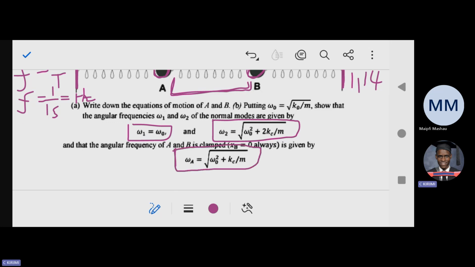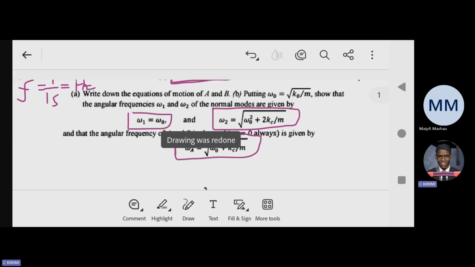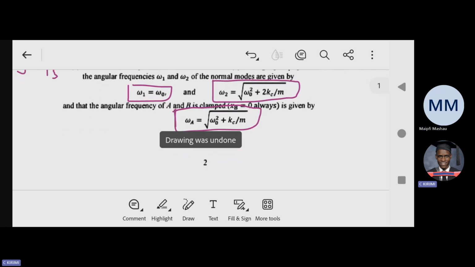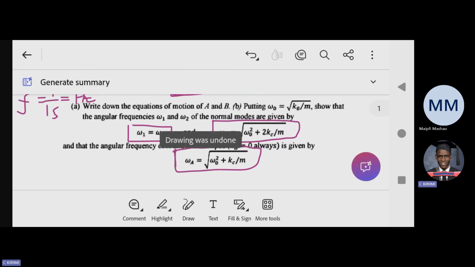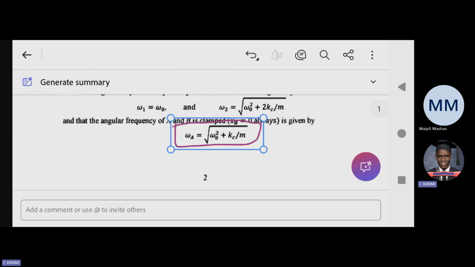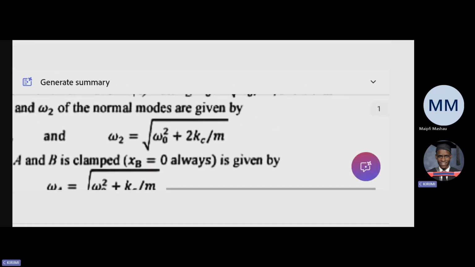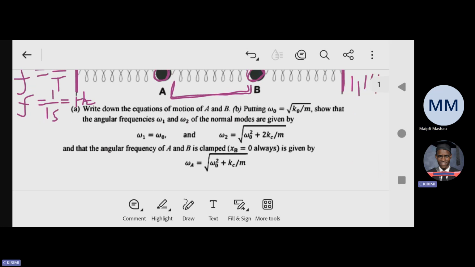So we are not calculating anything. Remember, the question is saying what? Show that the angular frequencies ω1, ω2, and the angular frequency of A is given by that. So we have the answer, but we are supposed to show how we got the answer, how we arrived at the answer. You get it?